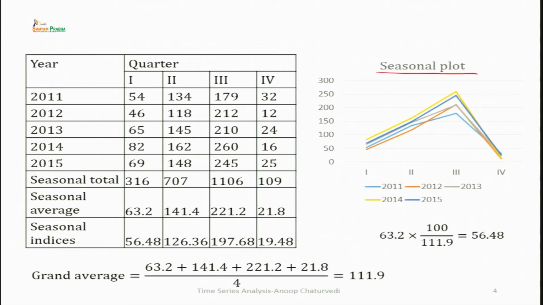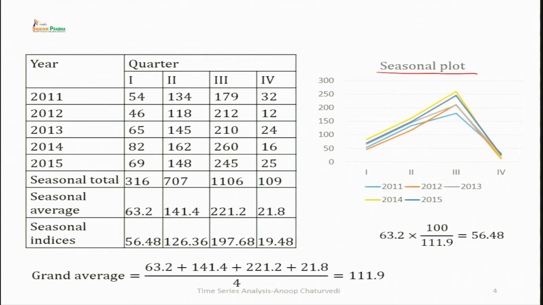Then we calculate the grand average for all the quarters, which is 63.2 plus 141.4 plus 221.2 plus 21.8 divided by 4, and finally you obtain 111.9. So, this figure gives you the grand average. Now, we express the seasonal averages as a percentage of the grand average.